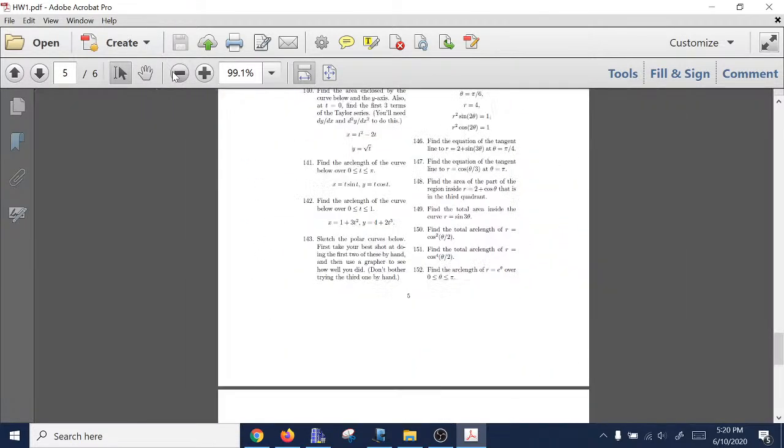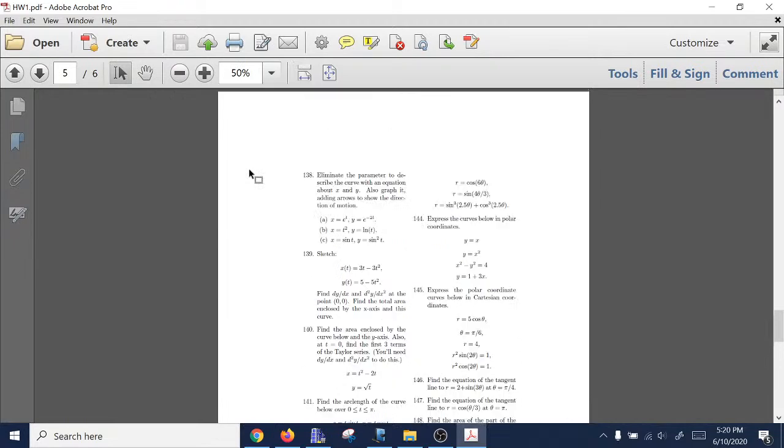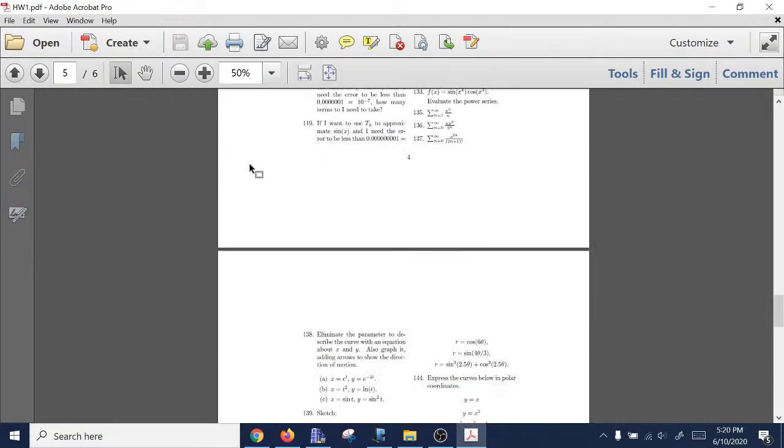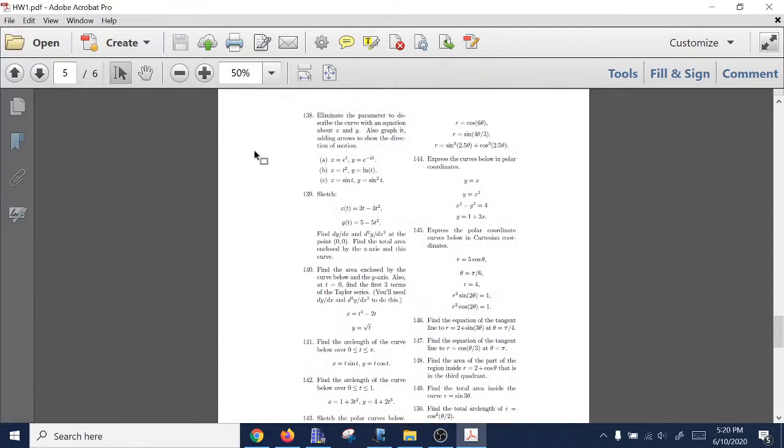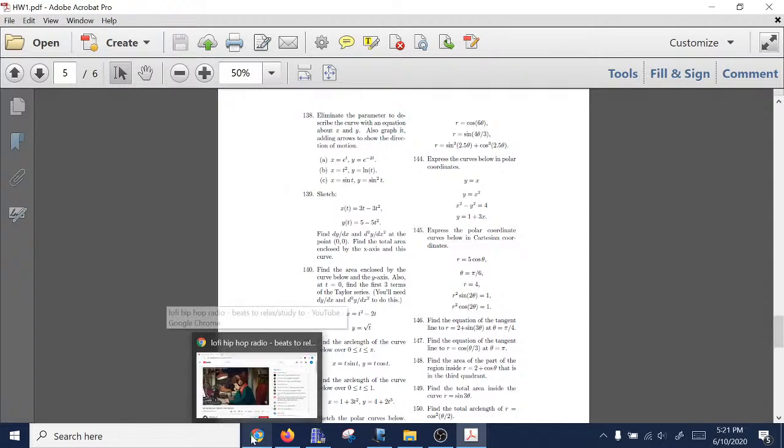Zoom out a little bit. Yeah, so you have everything you need to do 138 through 142, except maybe the area in number 139. I'll come back and do that. I'll do some more area stuff.